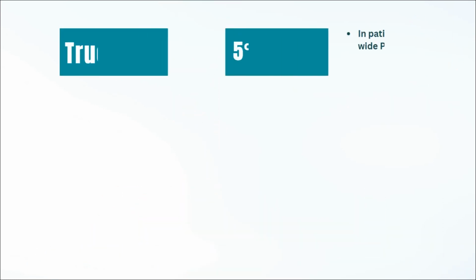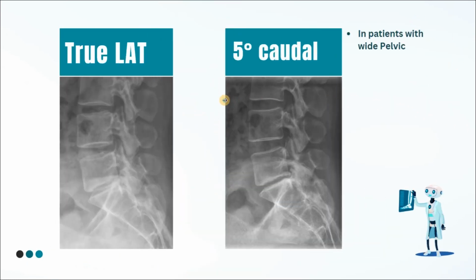So here's a case, a female patient I've done a couple of days back. So you can see the true lateral and the 5-degree caudal lateral. You can see the difference in the intervertebral spaces. You can see this right here and here, and also this is all because the patient's spine is not straight while lying down on the table.